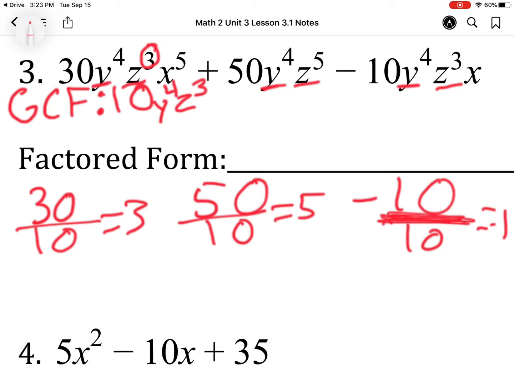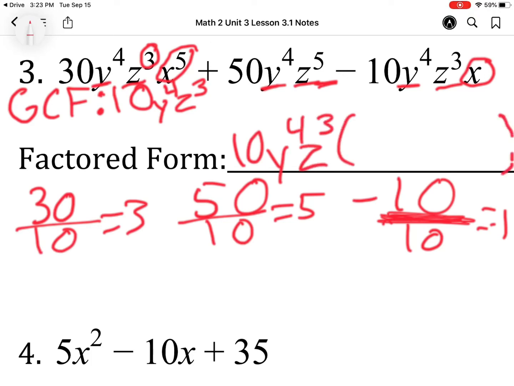And then lastly, x: we've got an x in the first term, x in the third term, but not an x in the second term, so it does not make it into the GCF. So the first part of our factored form is going to be 10y to the 4th times z to the 3rd. We're going to have a parentheses and all of this great stuff that's coming.